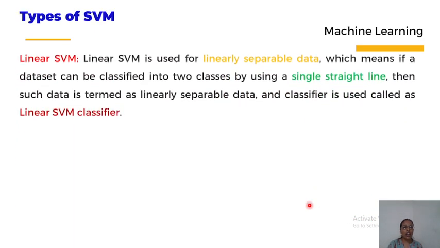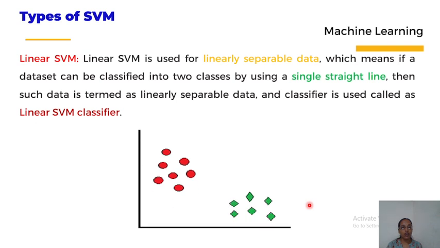Now we will understand the types of the SVM. The first type is the linear SVM. Linear SVM is used for linearly separable data.